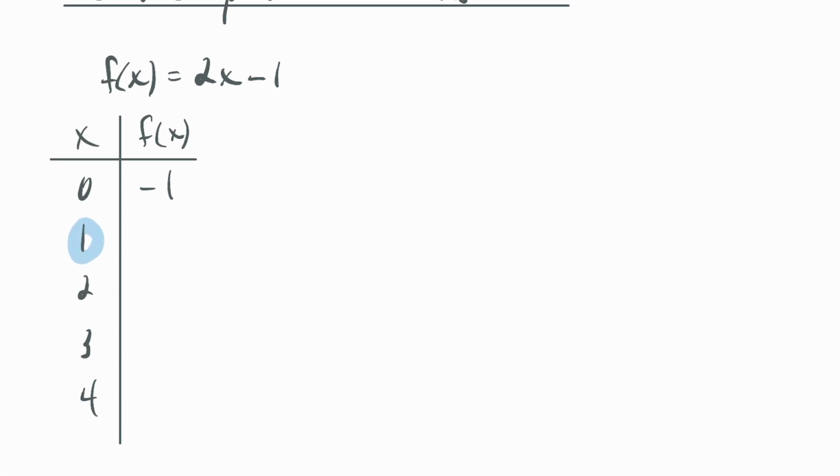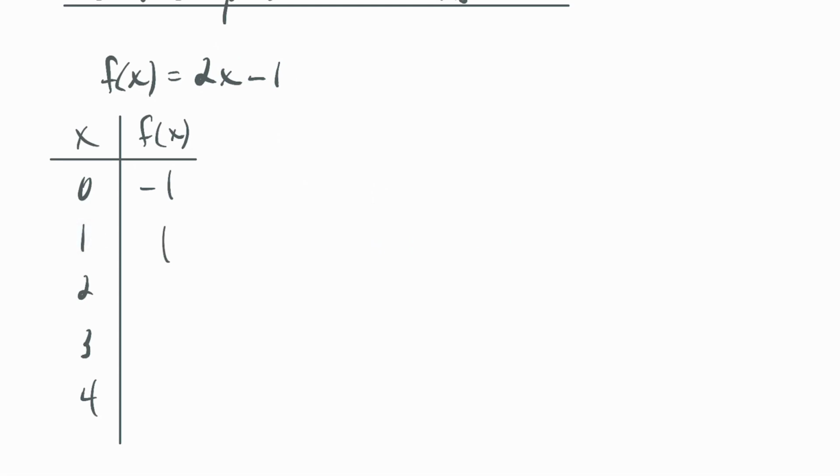If I plug in 1 into my function, then I'll have 2 times 1 minus 1. And at the end of the previous lecture video, we were talking about evaluating functions. So I'm basically doing repeated evaluation of the function at different, somewhat randomly chosen inputs in order to get some outputs, and then I can start graphing, right? So 2 minus 1 is 1.